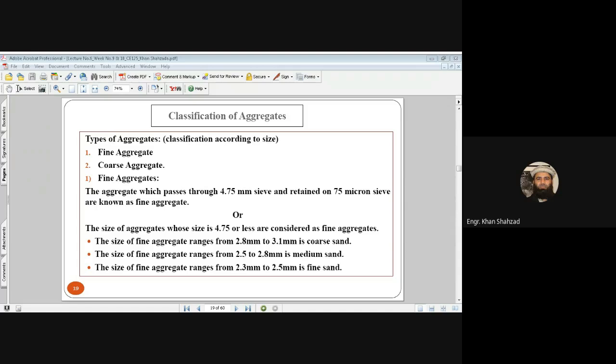But if the government rules are there, and the specifications are not allowing such materials, then you have to perform different types of tests, the soundness test, the abrasion test. After that test, if it is in the range of the allowed specifications, then you can use it, otherwise you can't use this. Is it okay?